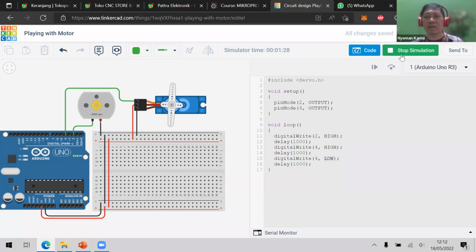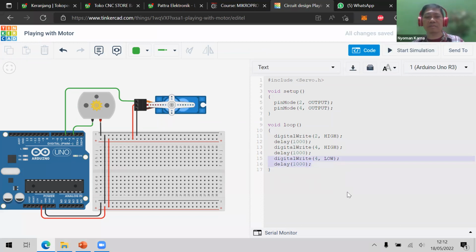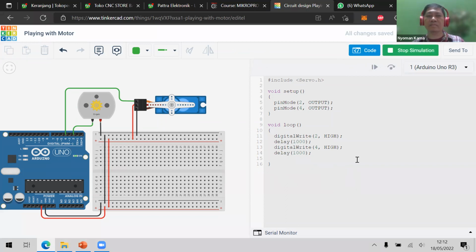Because if we send only high, let's try it out. Okay, the DC motor is turning, but the servo motor is not turning. Why? Because it needs a pulse. Pulse means high and then low, high and then low.